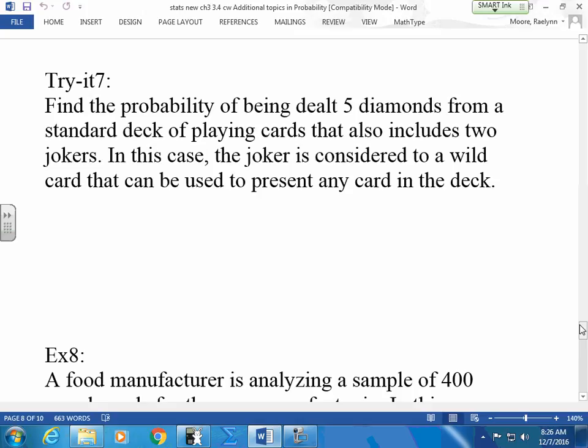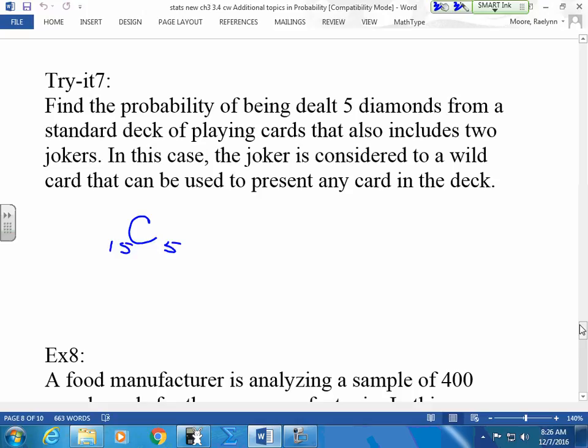Anybody come up with an answer? So how am I going to set this up? I have combinations. How many cards do I have to choose from for my diamonds? 15. How many do I want? I still want 5.